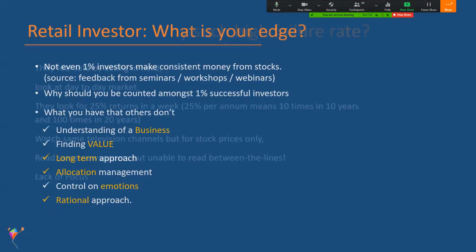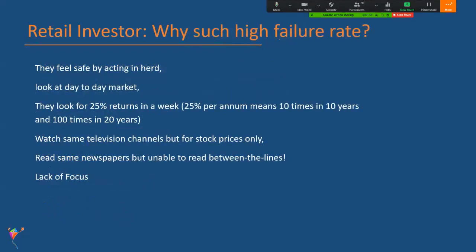A rational approach. Most of these points we have already covered. Why is there such a high failure rate of retail investors? They feel safe by acting in a herd, and they look at the day-to-day market. They say that they are long-term investors, but I am very sure the majority of the so-called long-term investors are watching share prices daily, and most retail investors are looking for 25% returns in a week or 10% returns in a week.